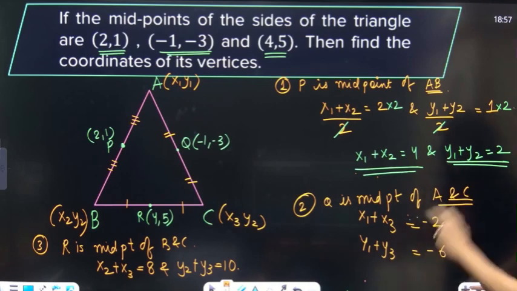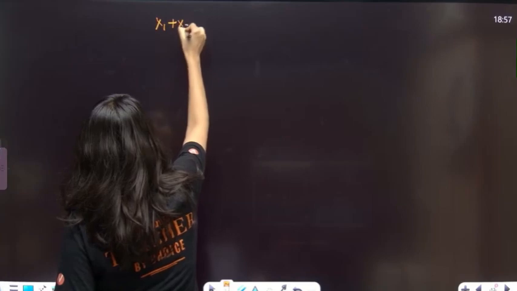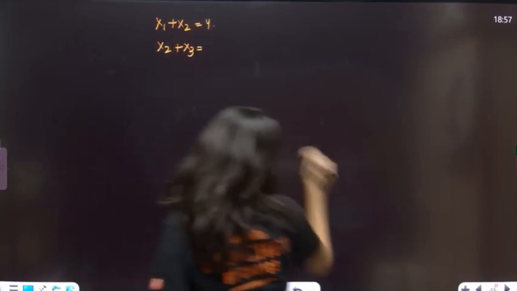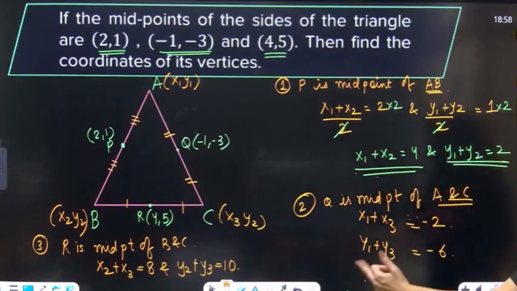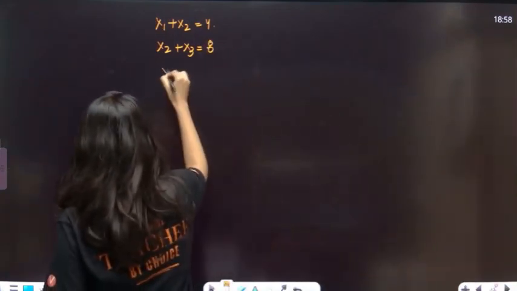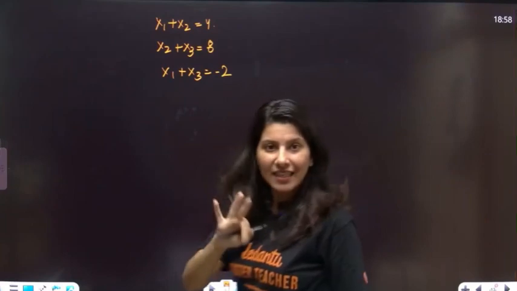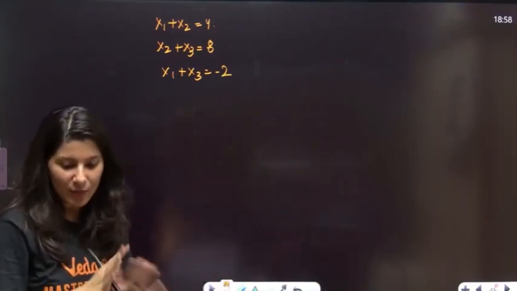Now x1 plus x2 is 4. x2 plus x3 is 8 and x1 plus x3 is nothing but minus 2. These three details I have got for x1, x2 and x3.